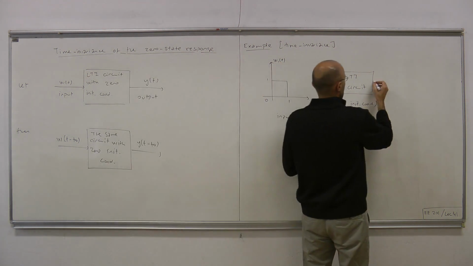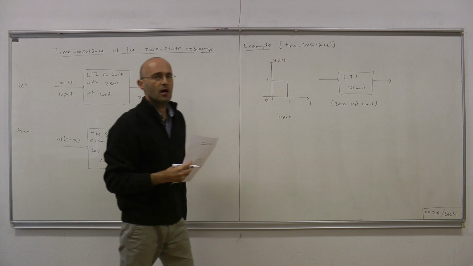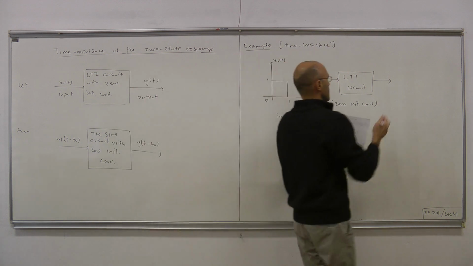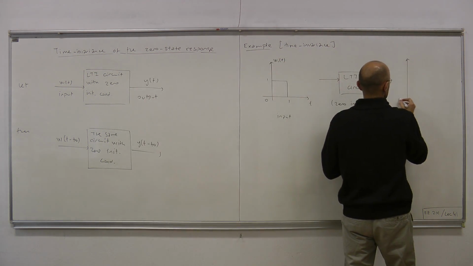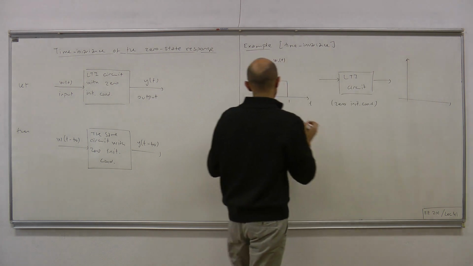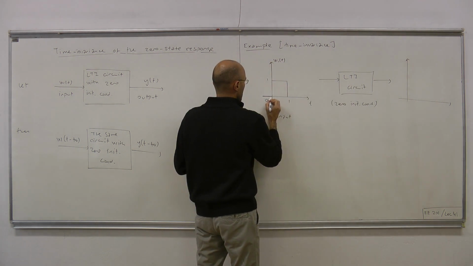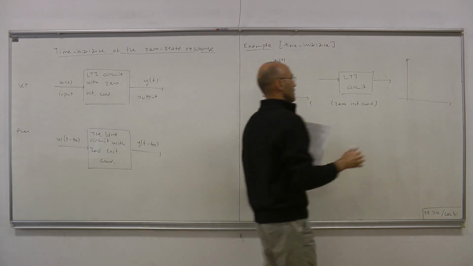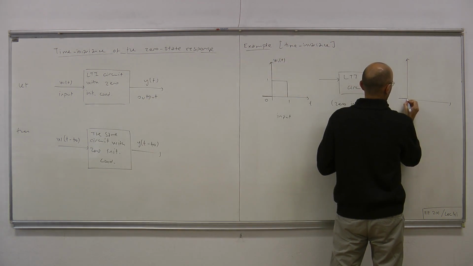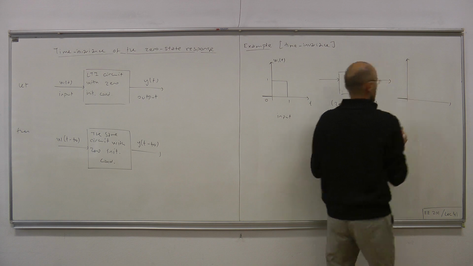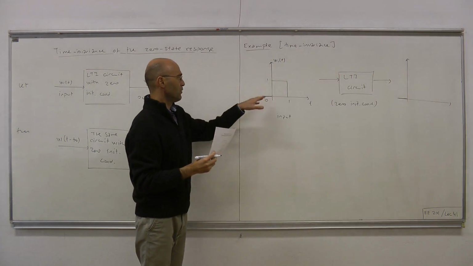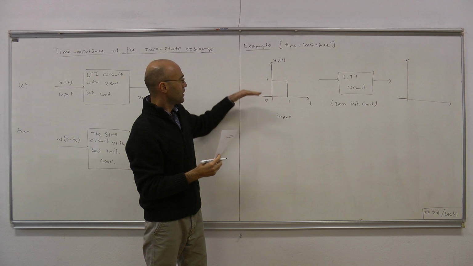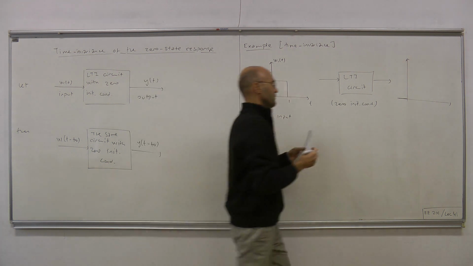And what we see at the output, suppose, is the following waveform. Since everything is 0, the signals and initial conditions before t equals 0, therefore in our curves this part is always at 0.